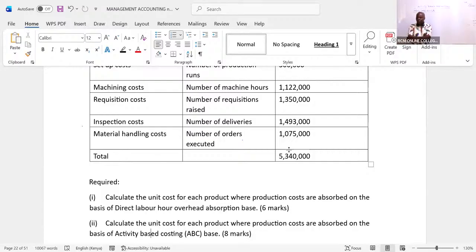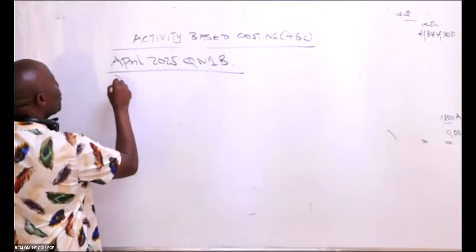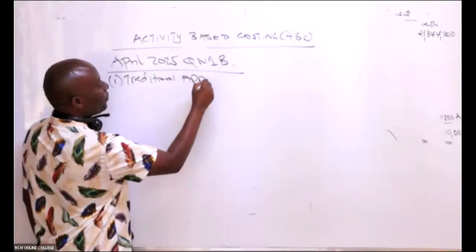So they want me to calculate these costs for each of these products by, first of all, apportioning the entire overhead of 5,340,000 using one cost driver, one factor. So number 1, it is a traditional approach.